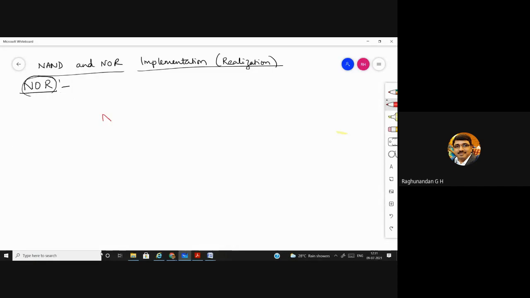Okay. For NAND, this is for NOR. In NAND realization, when you are applying NAND, you should put the NOT gate at the output side like this. It will come at the output side of AND.